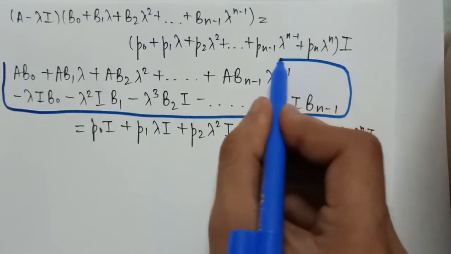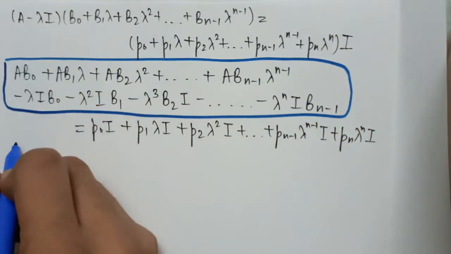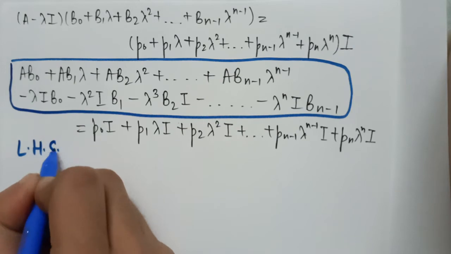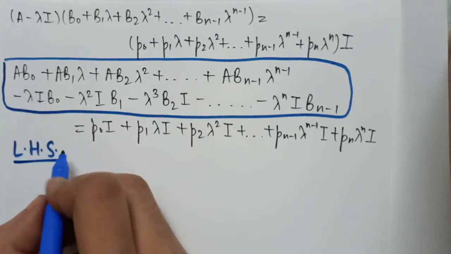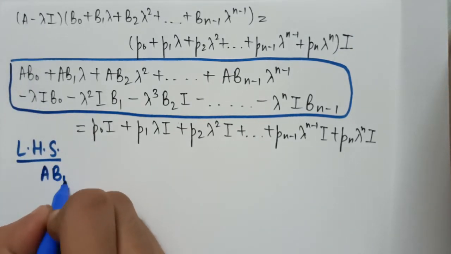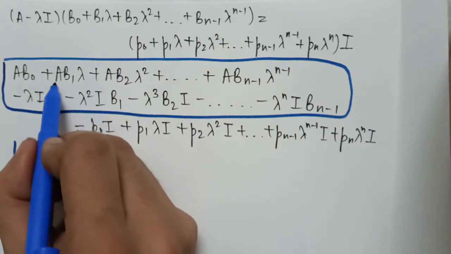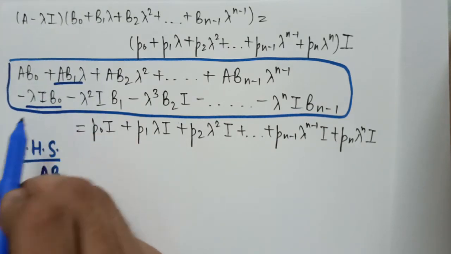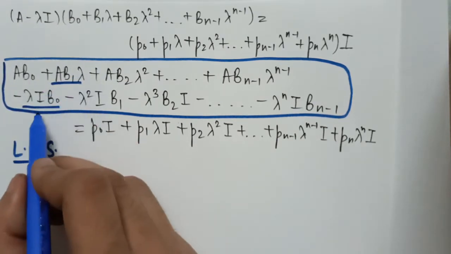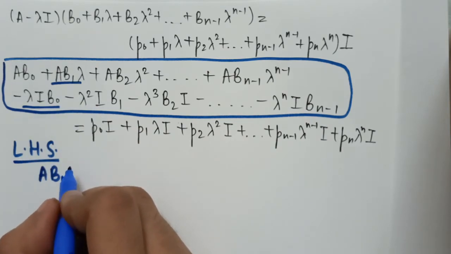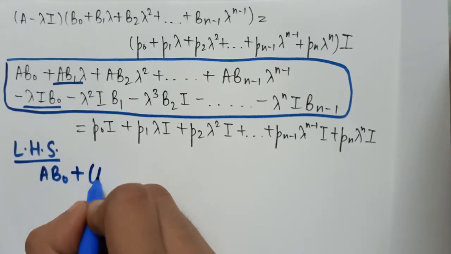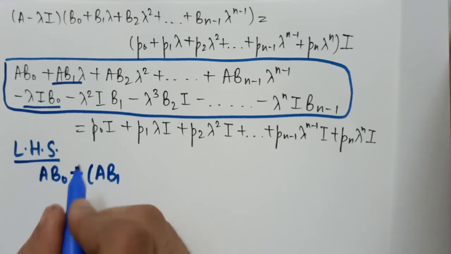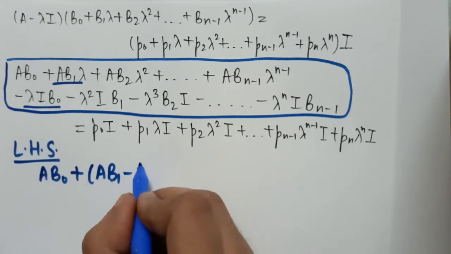LHS, left hand side. So AB naught. This is a term in lambda and so is this, so we can take lambda common here and it will become AB1 minus B naught.